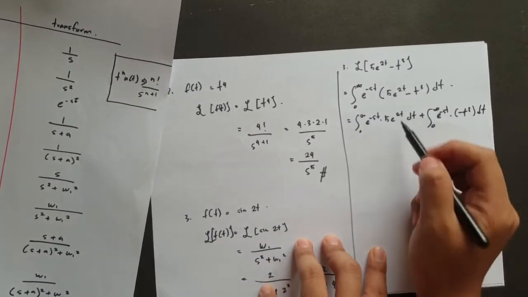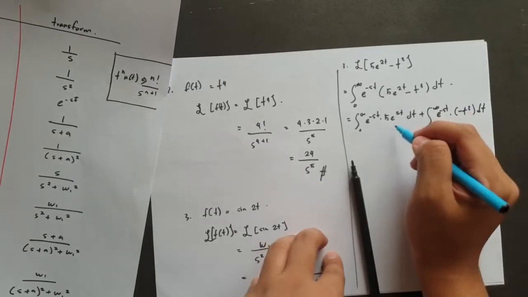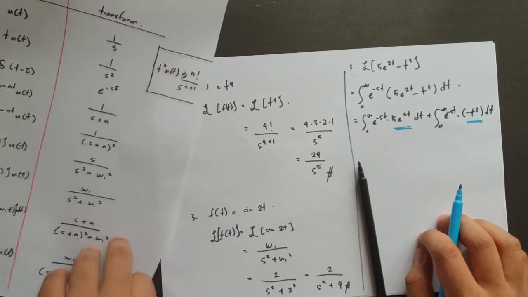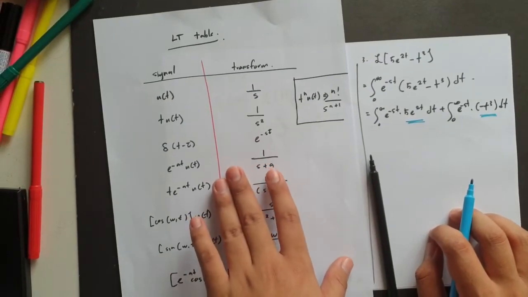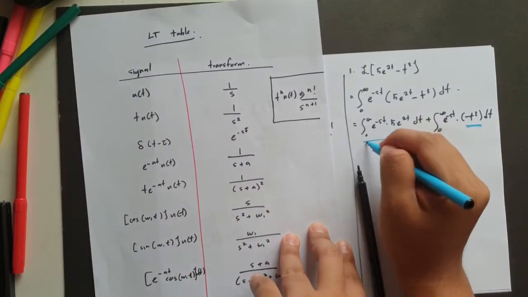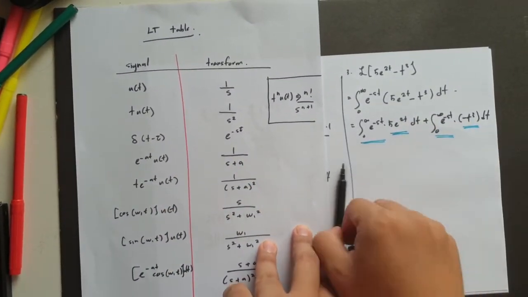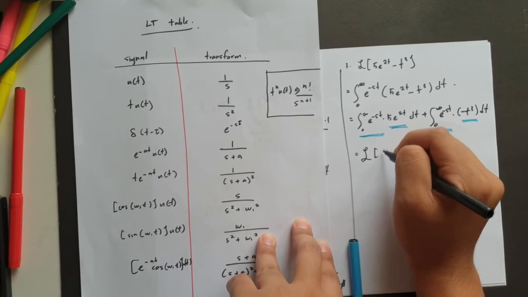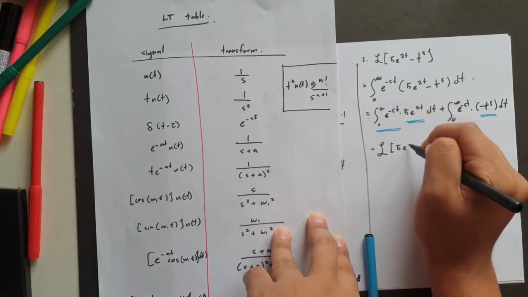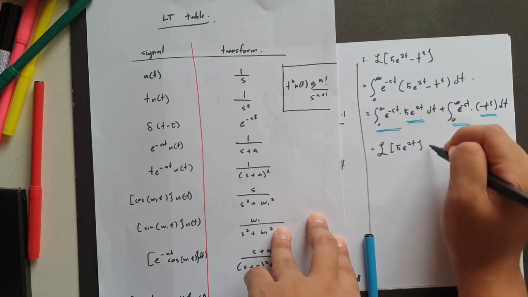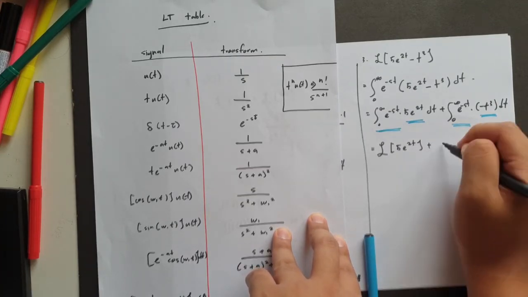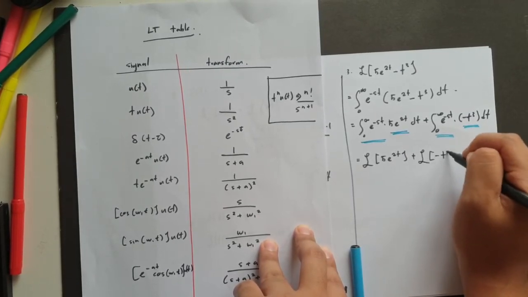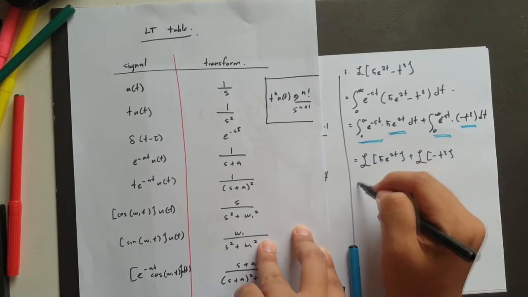According to this, you can refer to the table. So this is the Laplace of 5e^(2t) plus the Laplace of negative t³.